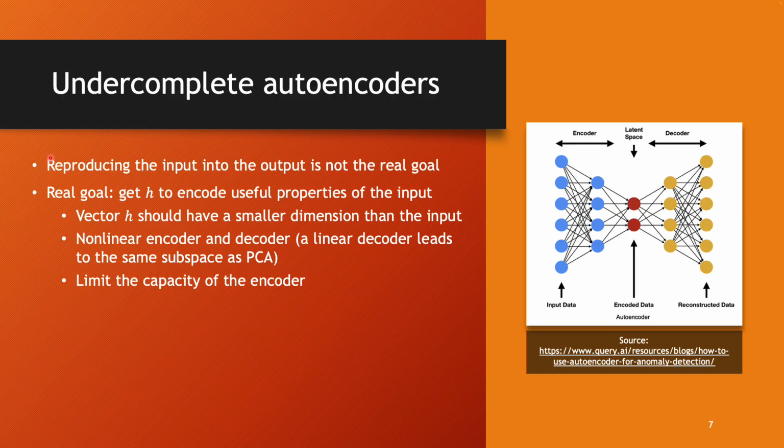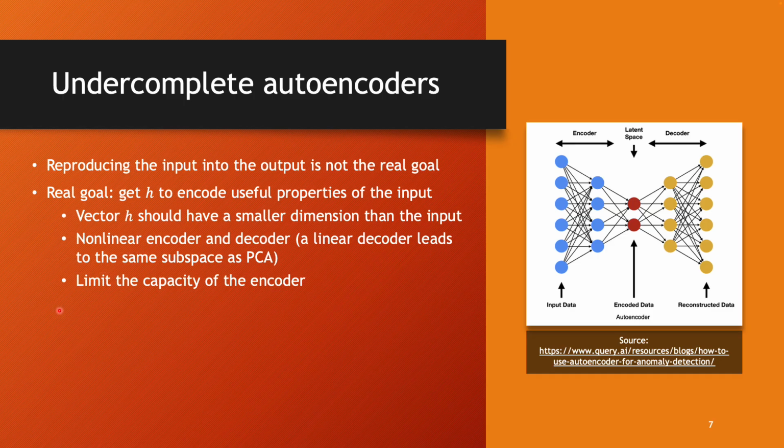And so in other words, reproducing the input into the output is not really the real goal of these autoencoders, but rather is to learn these representations that encode hopefully useful properties of the input. And through neural networks or some other types of models, but neural networks are really at the moment the most popular versions of these, you have some nonlinear functions for the encoder and the decoder.